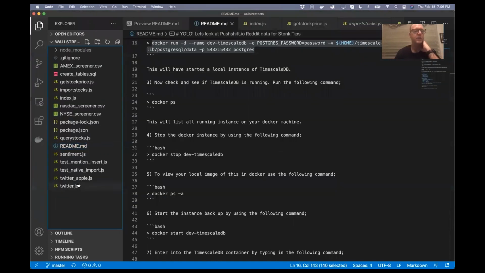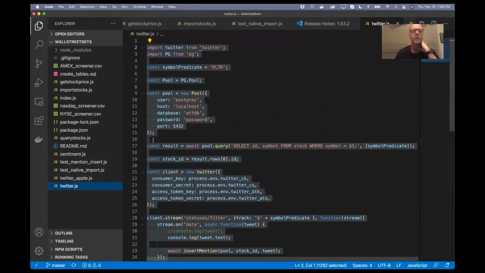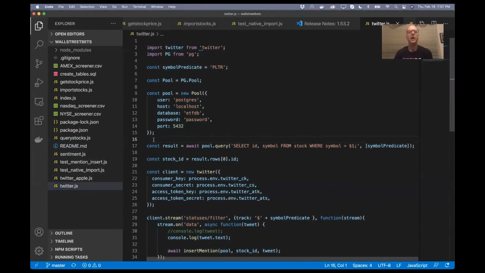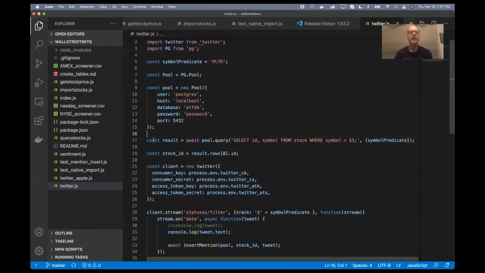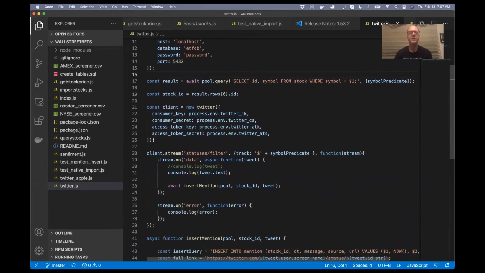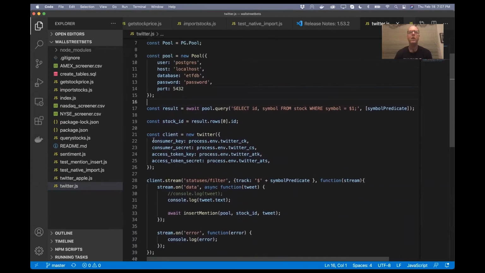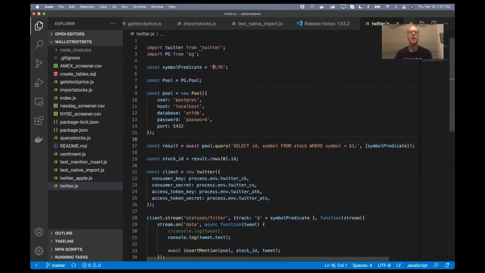What I did was I'm using the Twitter SDK and Postgres to go through and look for anything that matches this stock ticker symbol.